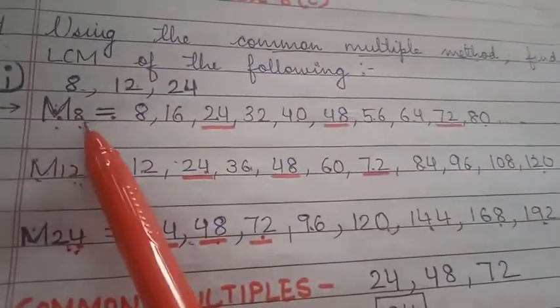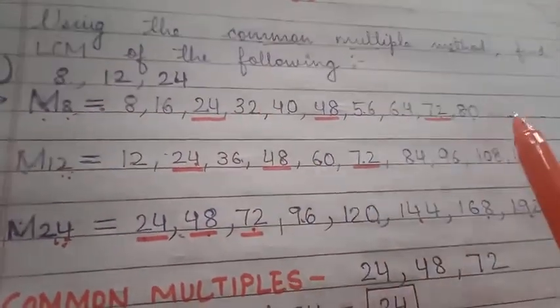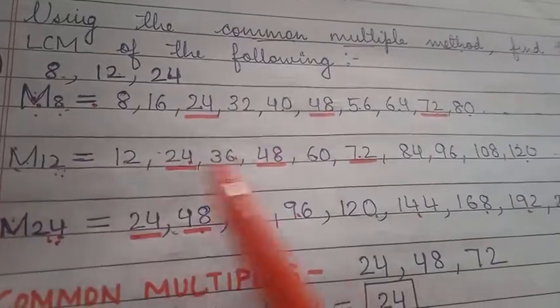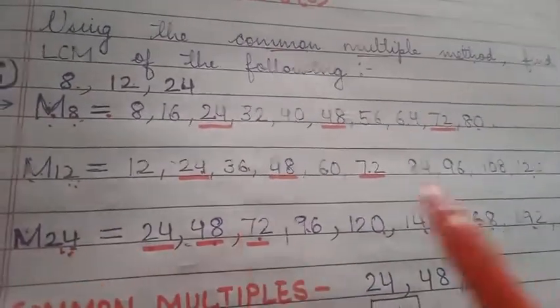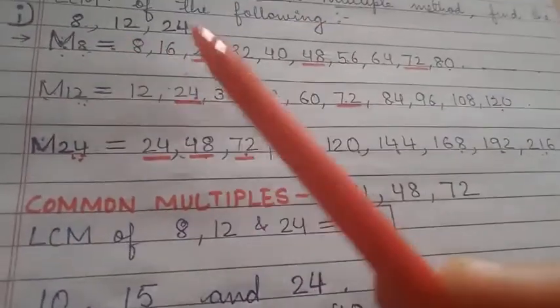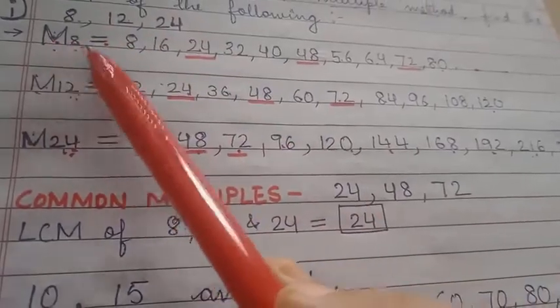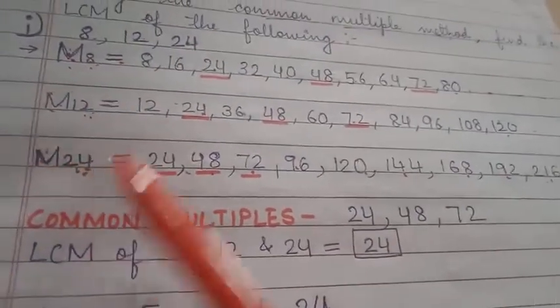So multiples of 8 are 8, 16, 24, 32. This we have seen, multiples of 12 we have seen, multiples of 24. Now in common multiples, common means which are there in all the three: M of 8, M of 12 and M of 24.